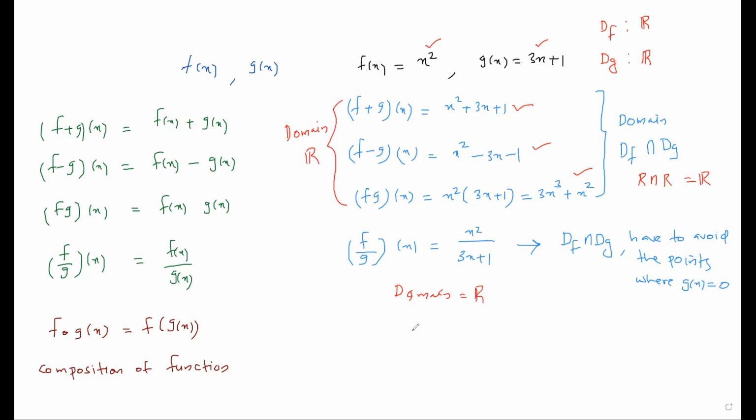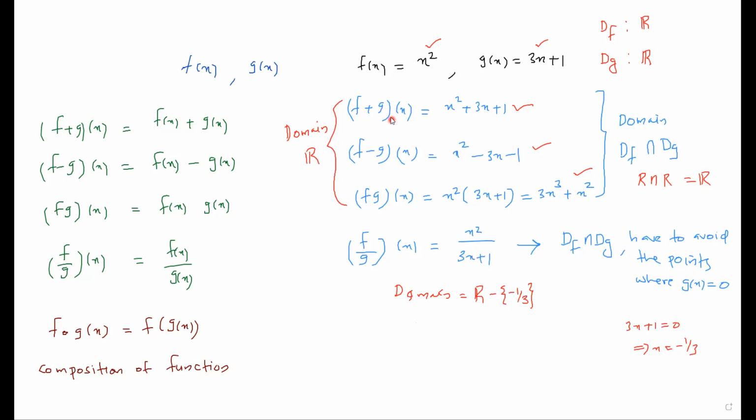But we know that 3x plus 1 equal to 0 implies x is equal to minus 1 by 3. So you have to avoid minus 1 by 3. If x is minus 1 by 3, this function will not exist.